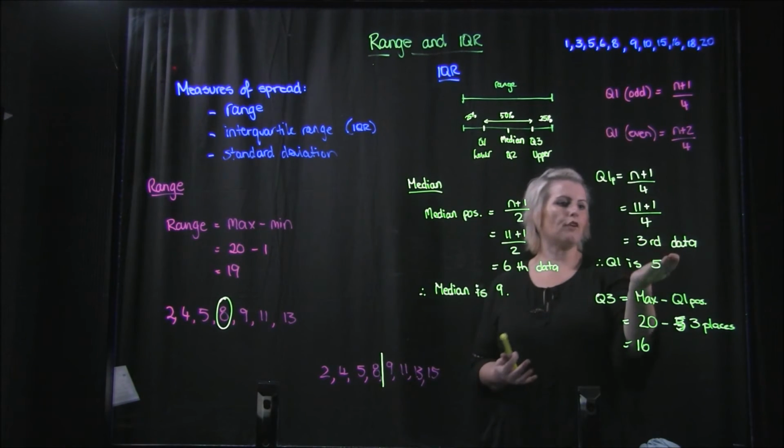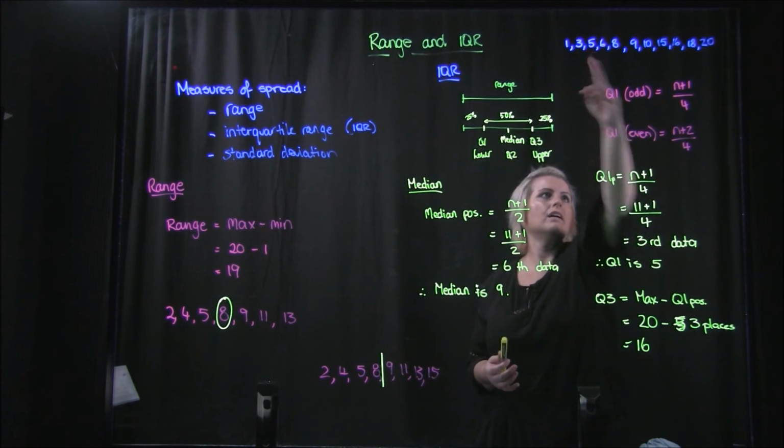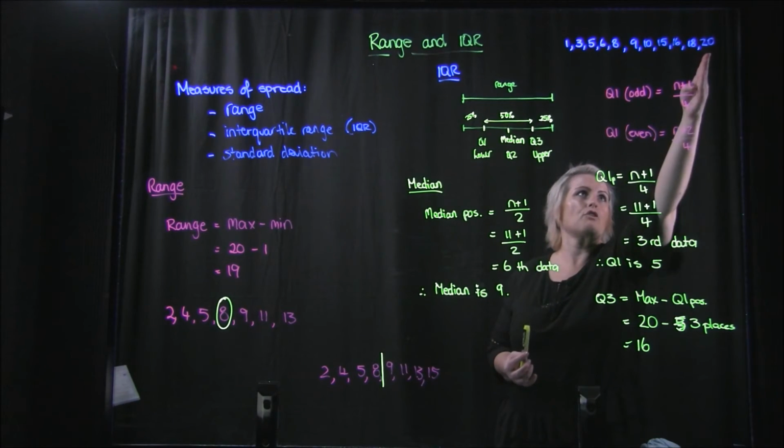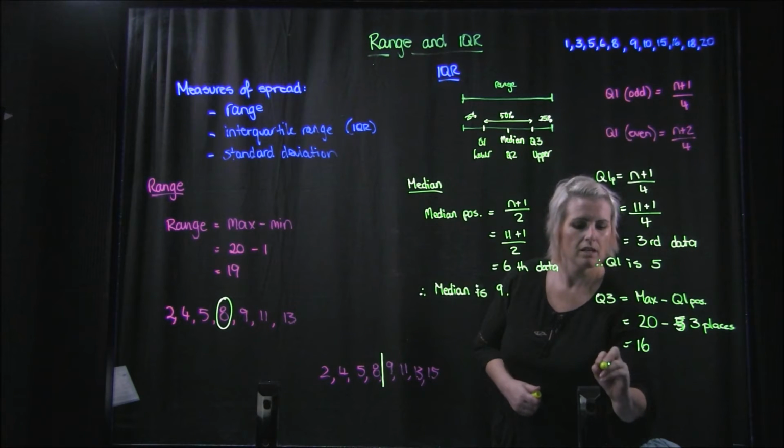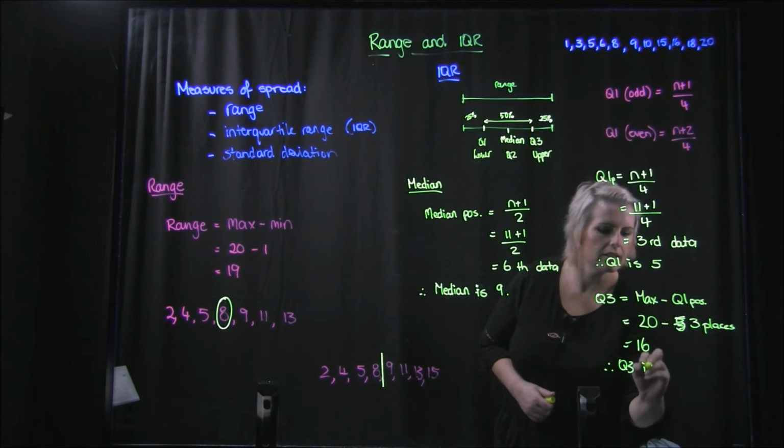Just like we find the third data value from the start, Q3 is the third from the other end. That's the easiest way to remember. So Q3 is 16.